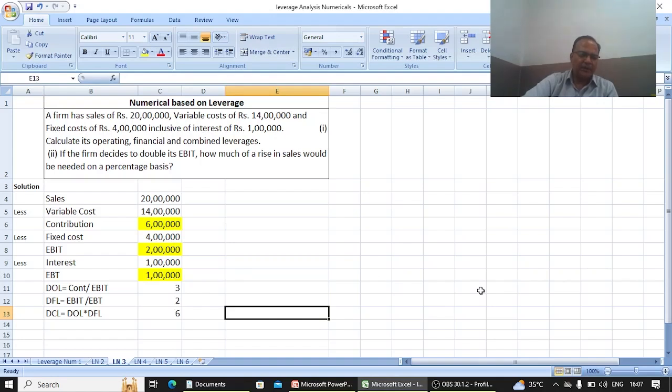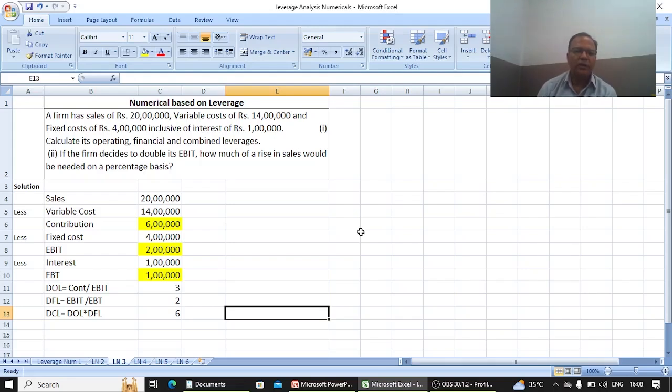Now in second part, you have to see if a firm decides to double its EBIT, how much of a rise in sales would be needed on a percentage basis.